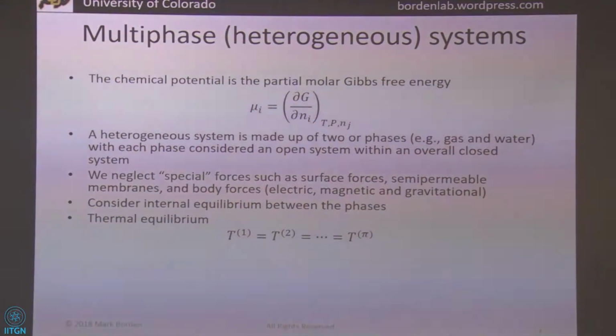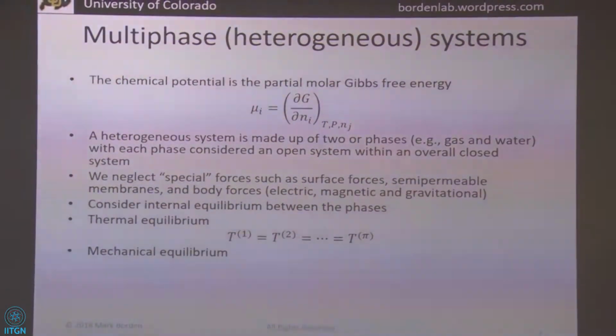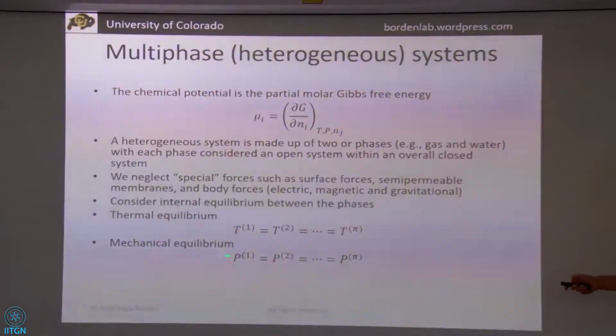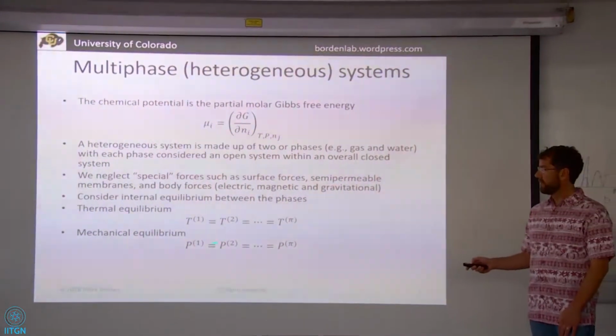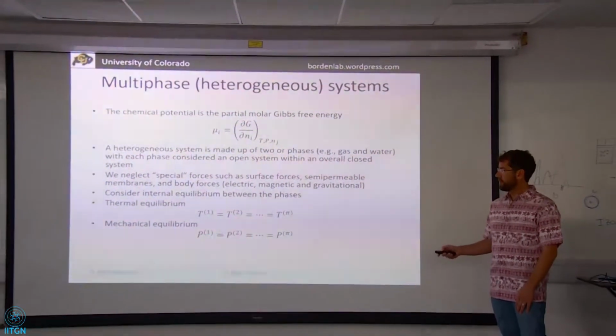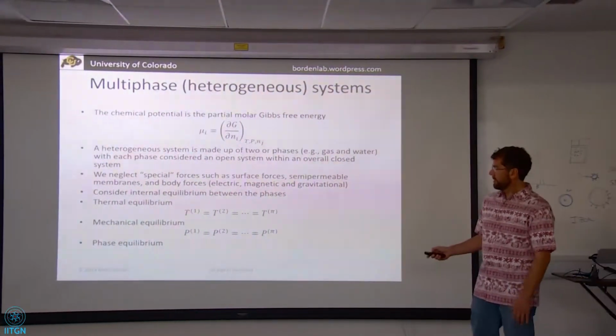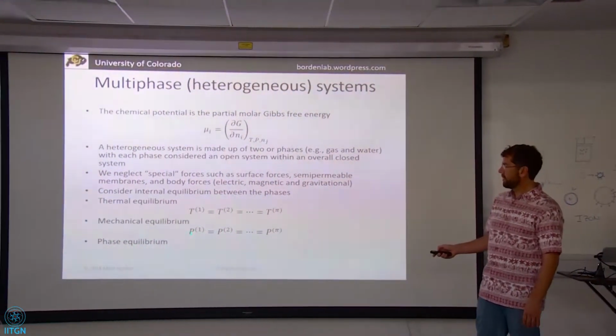And typically we use that symbol pi for the number of phases. Mechanical equilibrium is described as the pressure in each of these phases being equal. So the pressure in phase 1 is equal to the pressure in phase 2, etc. This is for fluid flow. Okay?